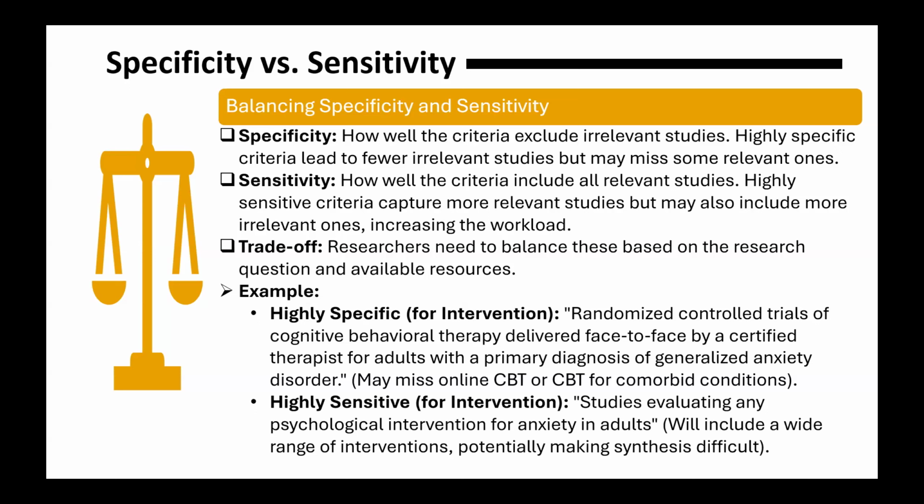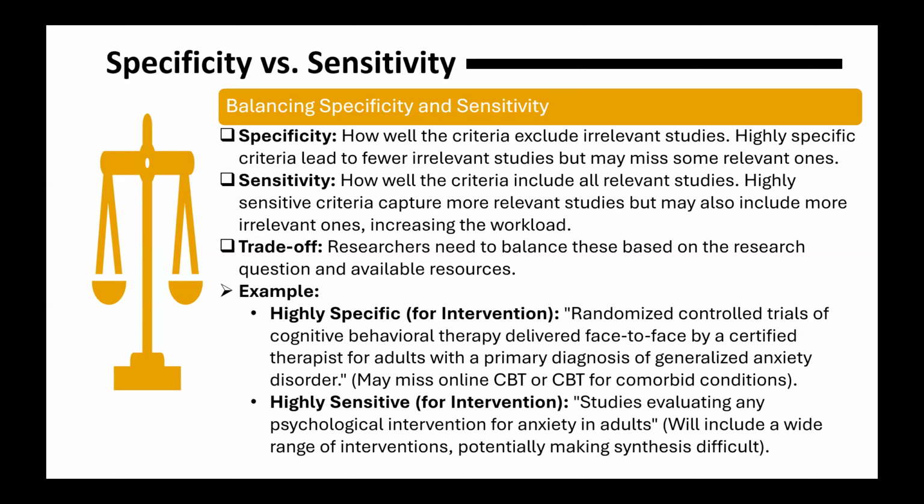But with a study that is very specific, we remove as many irrelevant studies as possible, but in the bid to do so, we also miss out some relevant studies. So there's usually a trade-off. A trade-off is like balancing both specificity and sensitivity. It means that as much as you are trying to remove irrelevant studies, you should make sure that studies that could also be important are not missed out. So this is very, very important.